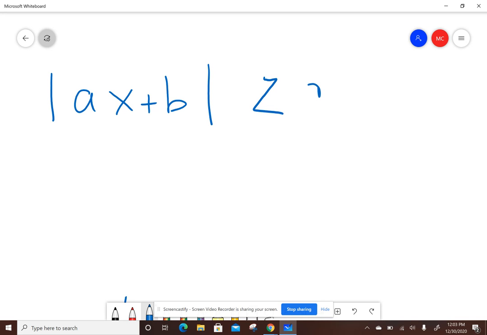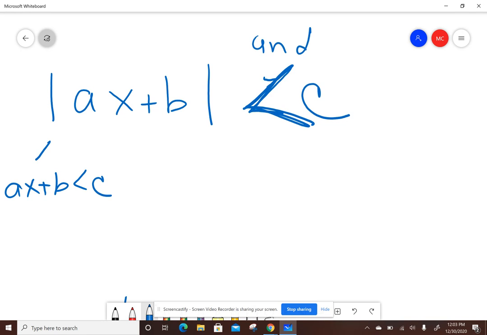When that happens, either ax plus b is less than c, and ax plus b, flip the sign, is greater than negative c.